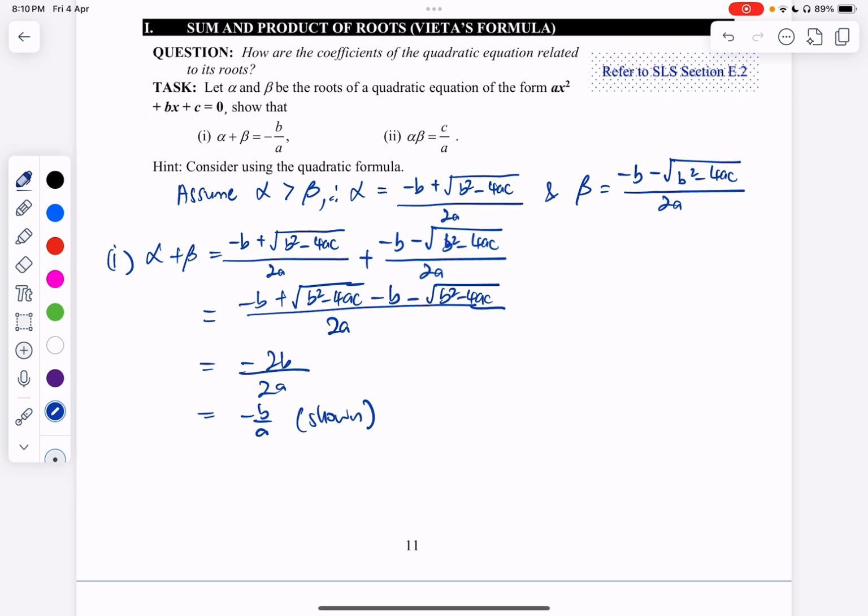Now I need to demonstrate how to get alpha times beta equals c over a. I am actually going to put them together and rewrite this. Let me just make the changes here.